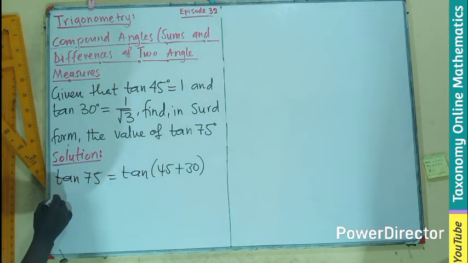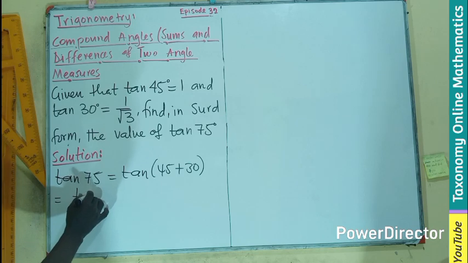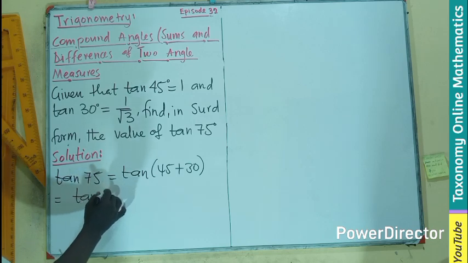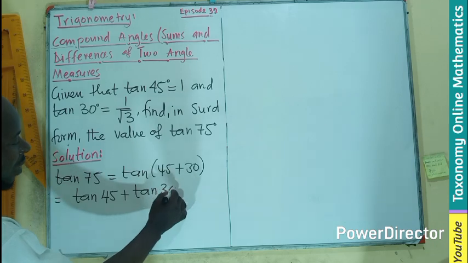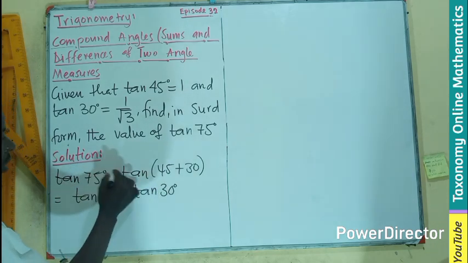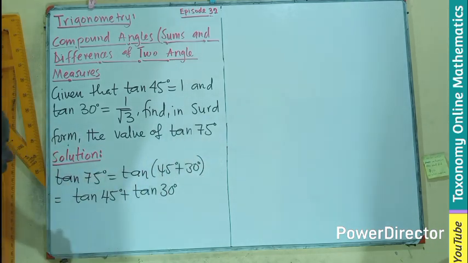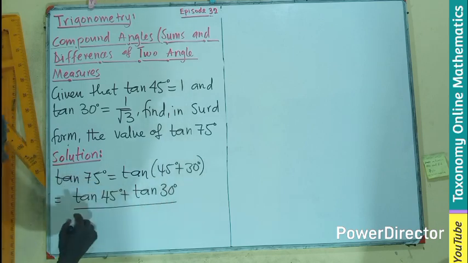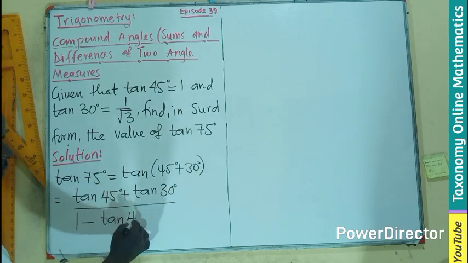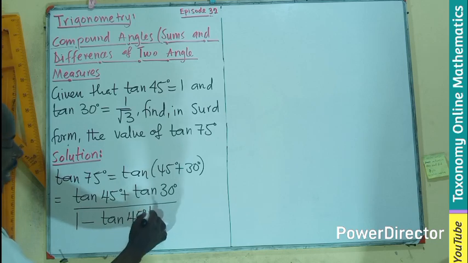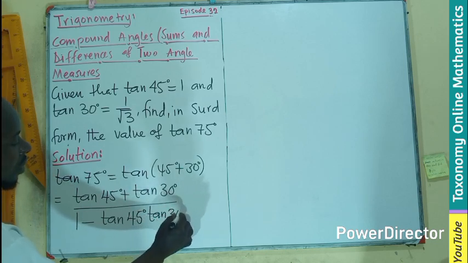And how do we expand the sum? It is the tan of the first angle plus the tan of the second angle. These are all in degrees, bear with me. Then we divide by 1 minus tan of the first angle 45, times tan of the second angle 30.